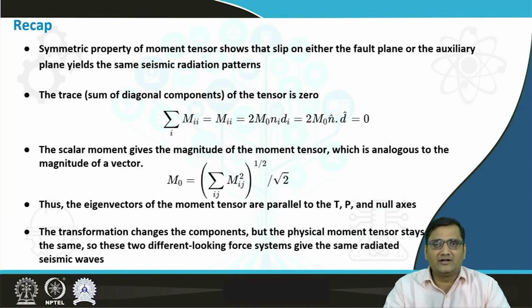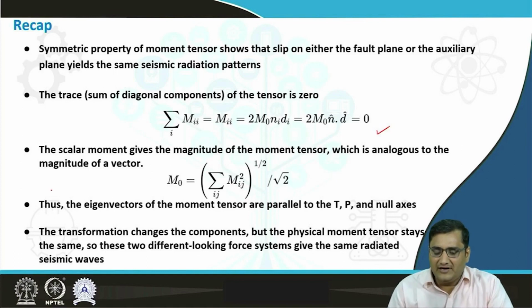We also saw that the symmetric property of the moment tensor shows that slip on either the fault plane or the auxiliary plane yields the same seismic radiation pattern. The trace of the tensor is 0. The scalar moment gives the magnitude of the moment tensor, which is analogous to the magnitude of a vector.